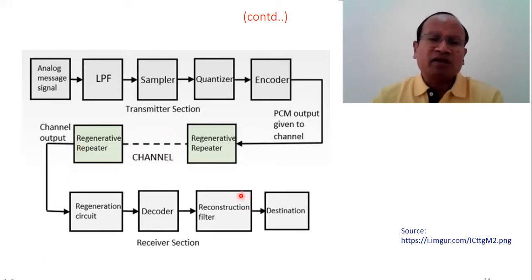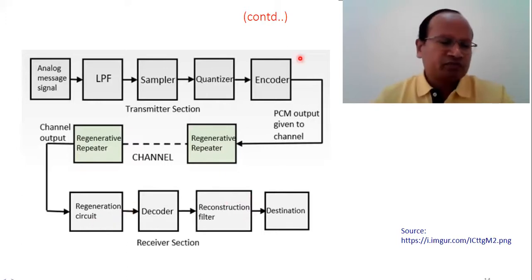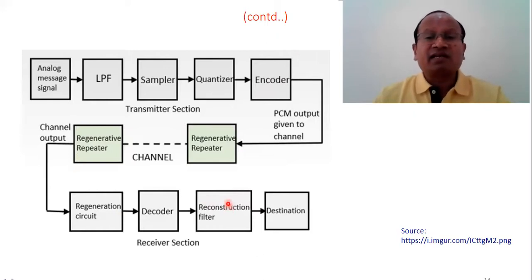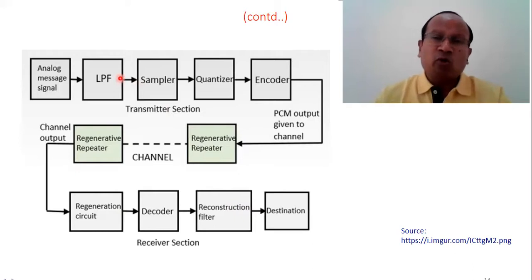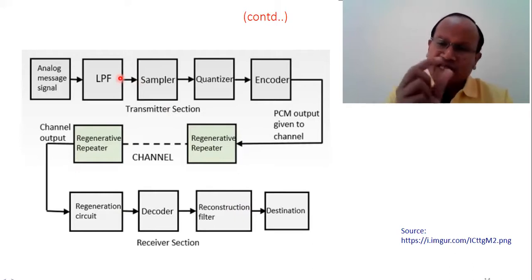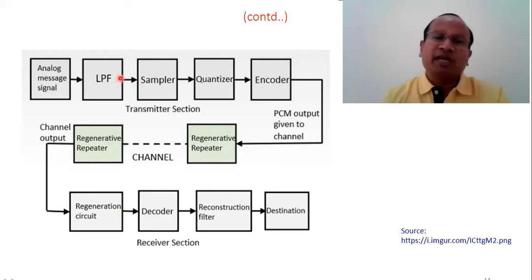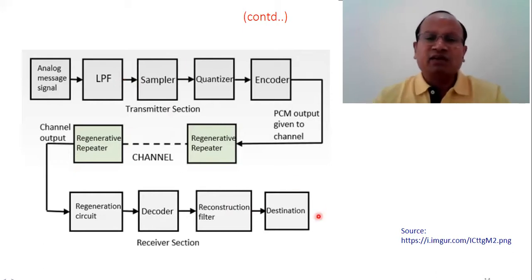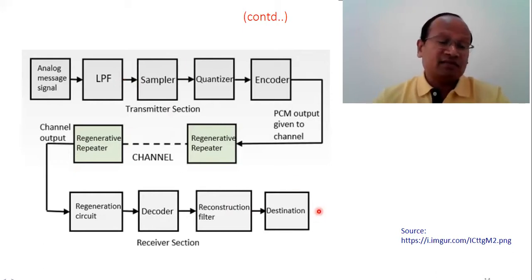At the receiver, a decoder is used because an encoder was used. So we decode it. The reconstruction filter, probably a similar low pass filter, allows the same frequency components to be recovered, and then it is delivered to the destination.